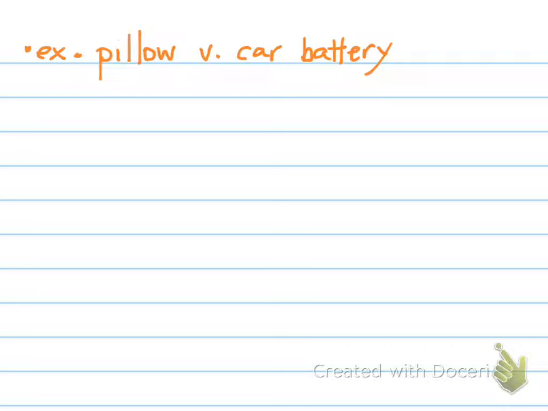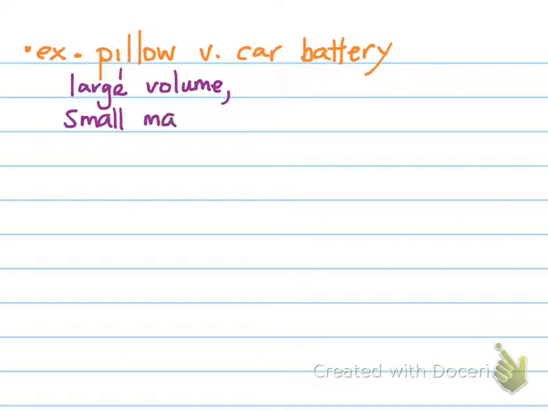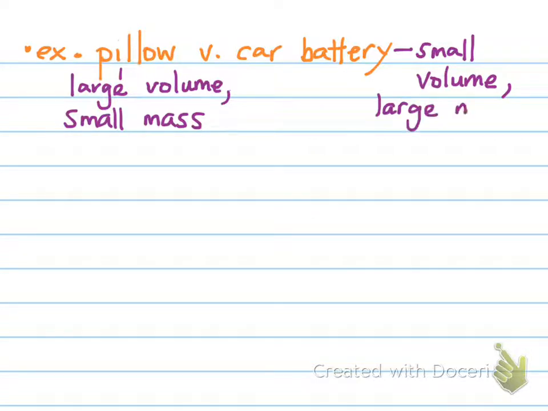Okay, so this pillow, especially if it's like a king size pillow from your bed, has a large volume, but a relatively small mass, which also would mean it would have small inertia. Whereas a car battery has a pretty small volume compared to the pillow, but a large mass, which would mean it also has a large inertia.